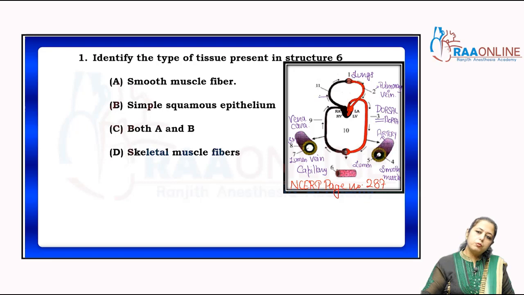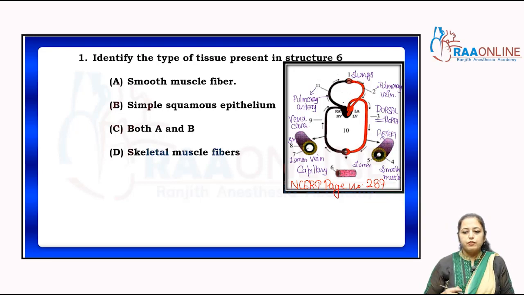And the 11th is the pulmonary artery, because when we draw a schematic diagram, we use blue for deoxygenated blood and red for oxygenated blood. The 10th represents the heart. So this is the diagram of the NCERT. You have to learn the NCERT diagrams with their enumeration.